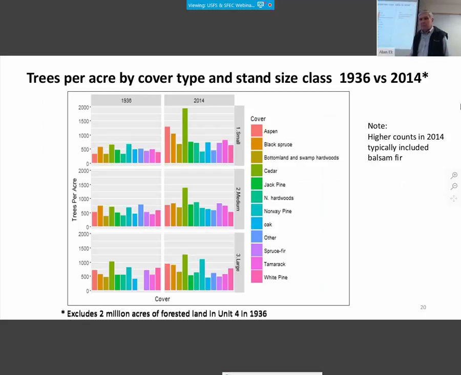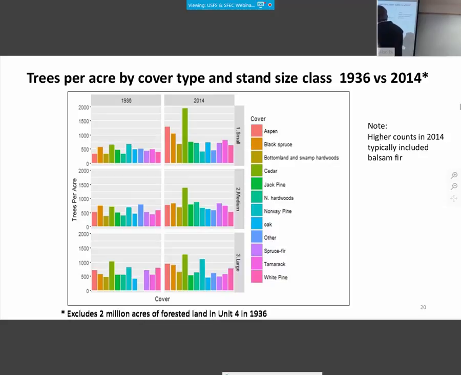We also get some capability to dig into this data that I would try to emphasize in terms of what you can get out of it compared to today. So let's look at a somewhat biodiversity related or stocking related comparison of looking at trees per acre by cover type and stand size class, 1936 versus 2014.